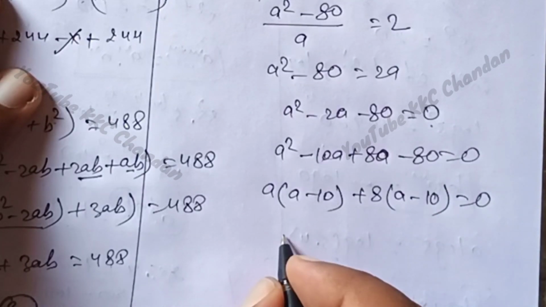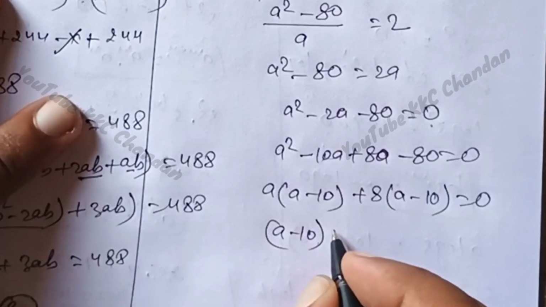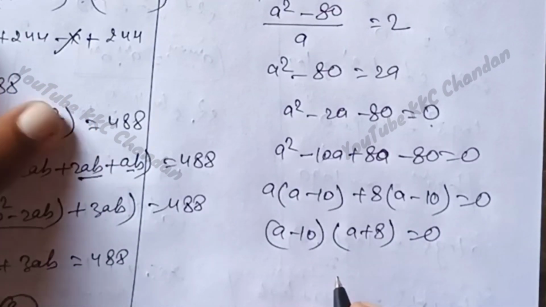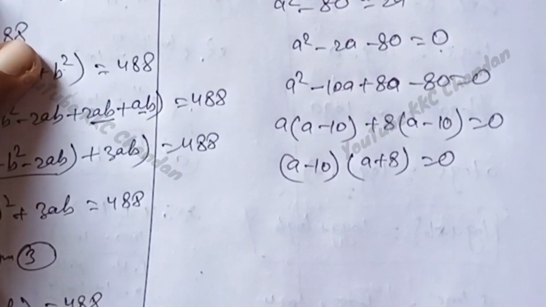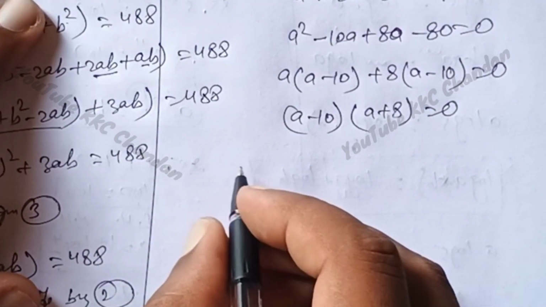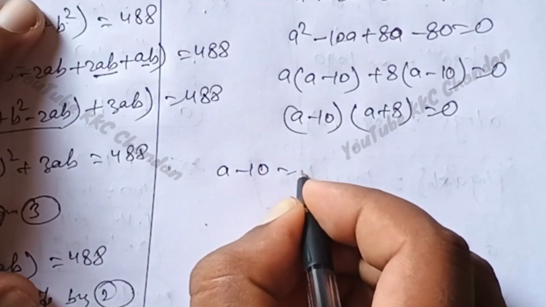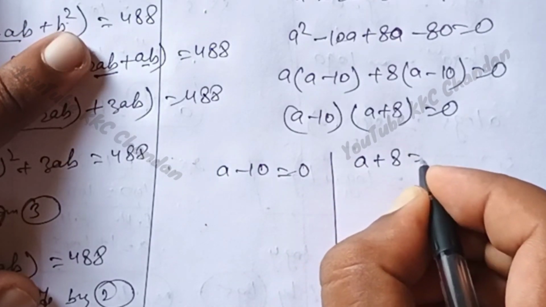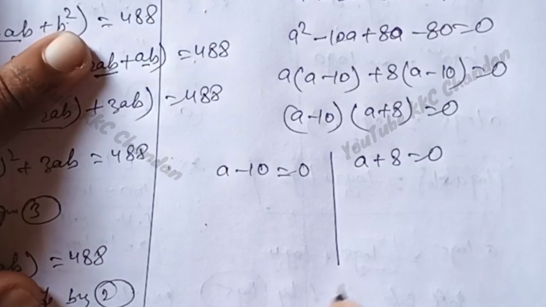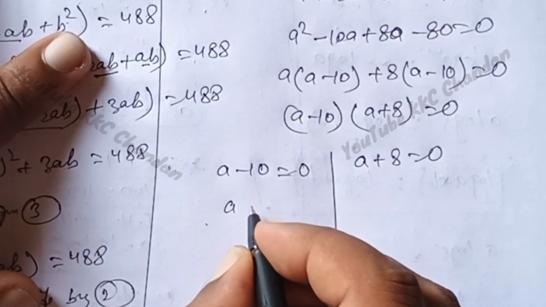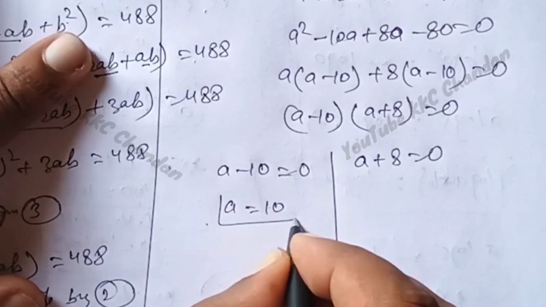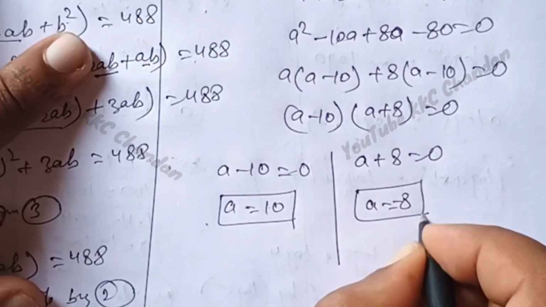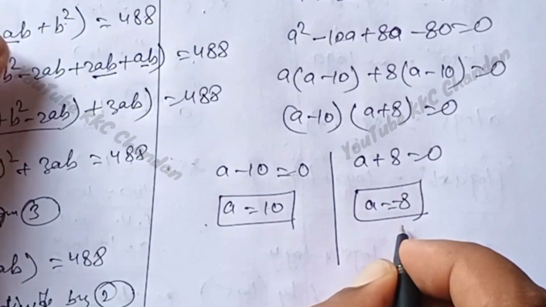So (A minus 10) into (A plus 8) is equal to 0. Here two equations arise. First, A minus 10 is equal to 0. Second equation, A plus 8 is equal to 0. So A is equal to 10, and here A is equal to minus 8.